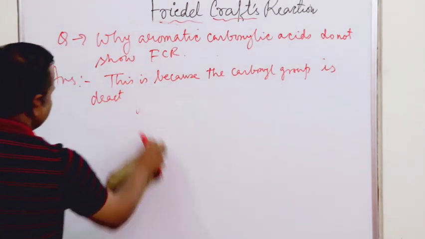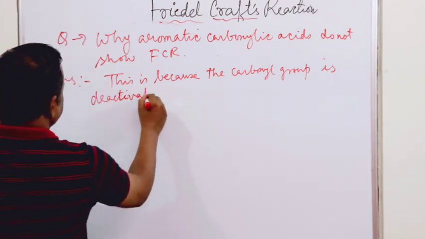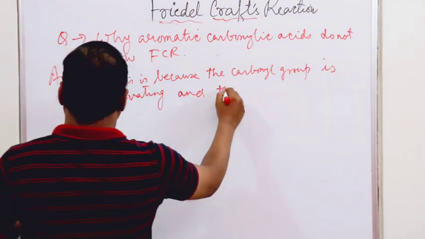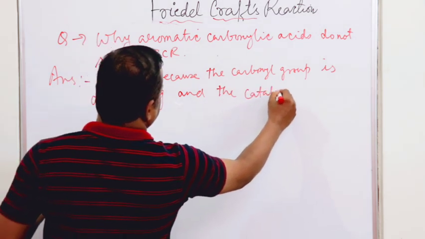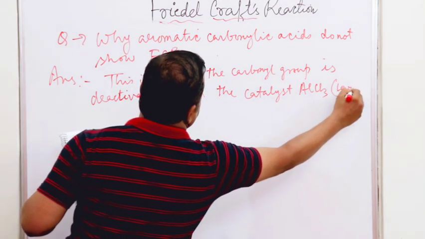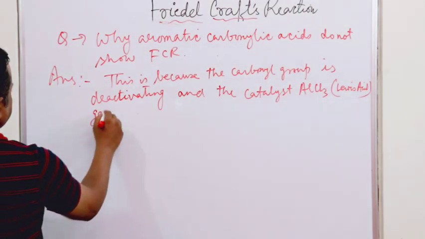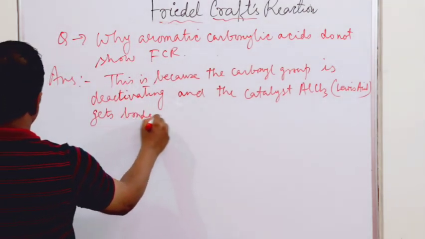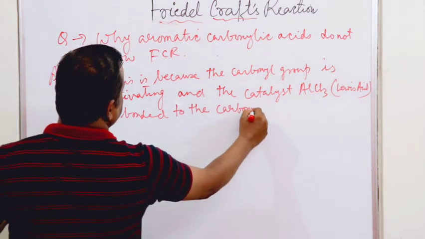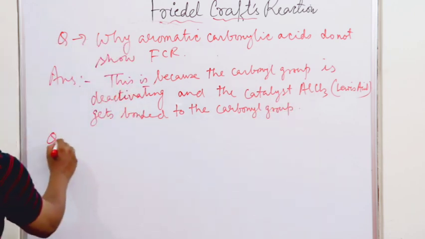I have written it; you must be careful while writing the spelling of deactivating. And the catalyst AlCl3 is acting as a Lewis acid. You must remember the catalyst gets bonded to the carbonyl group, so that's why it is not free and there is no possibility of generation of the electrophile.